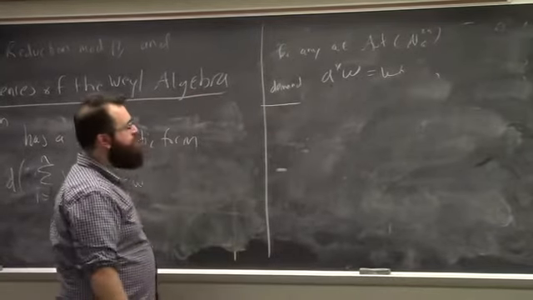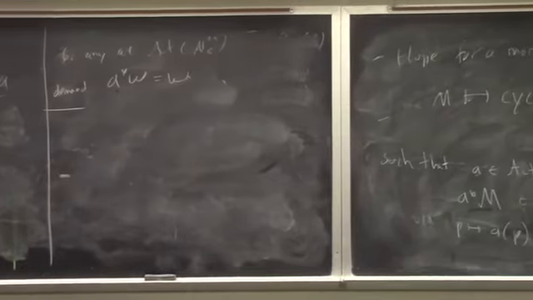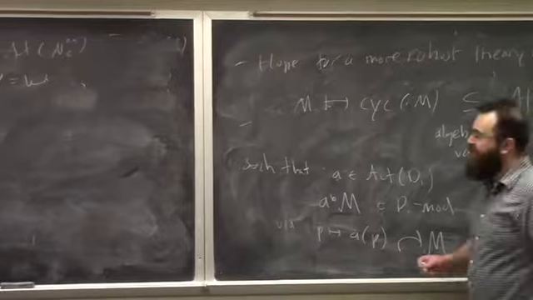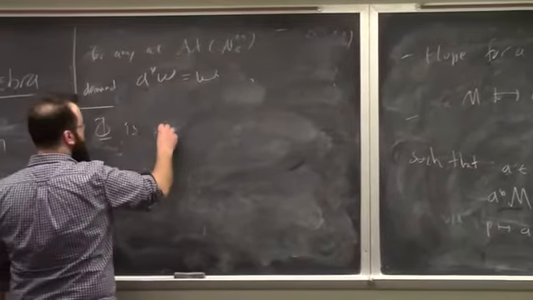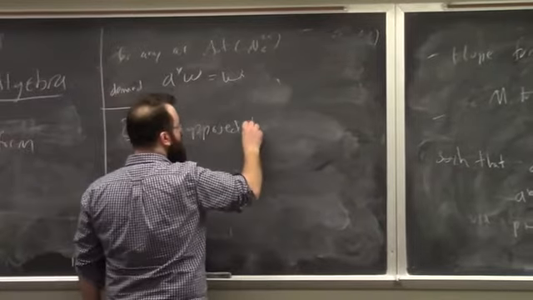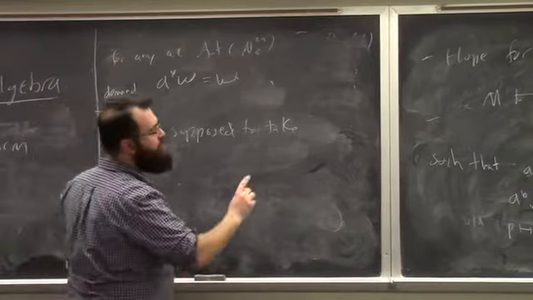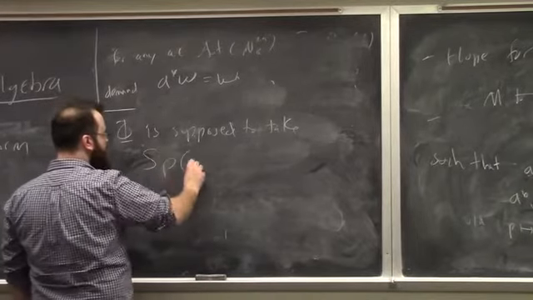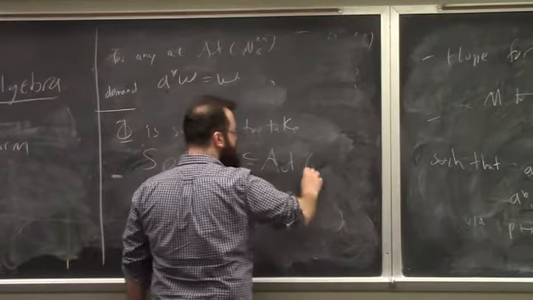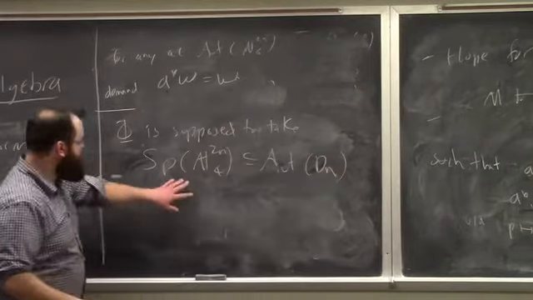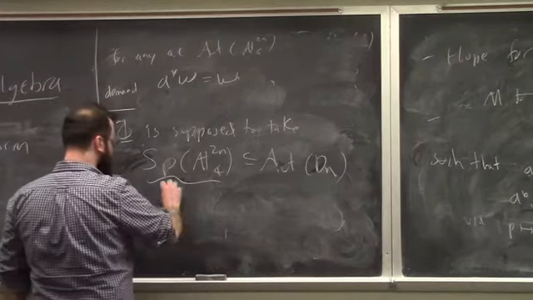Okay, so to see why you get symplectomorphisms, let me say a word or two about some properties this is supposed to satisfy. Inside Aut of Dn, there's a subgroup which is the group of linear symplectomorphisms.